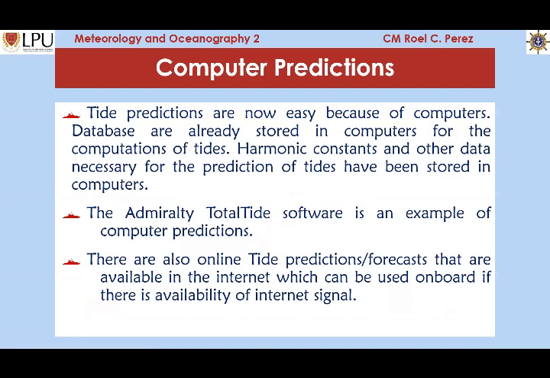So it means it is also connected to your printer. So just by clicking, you can obtain the tidal prediction that you like, and then you can print it also.